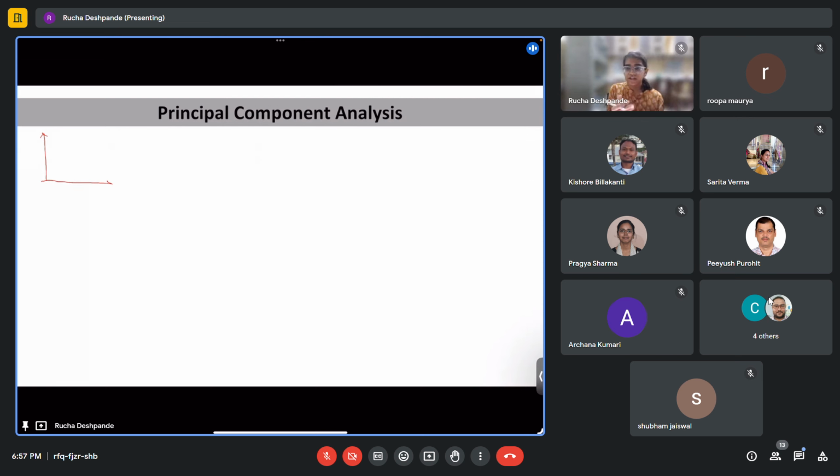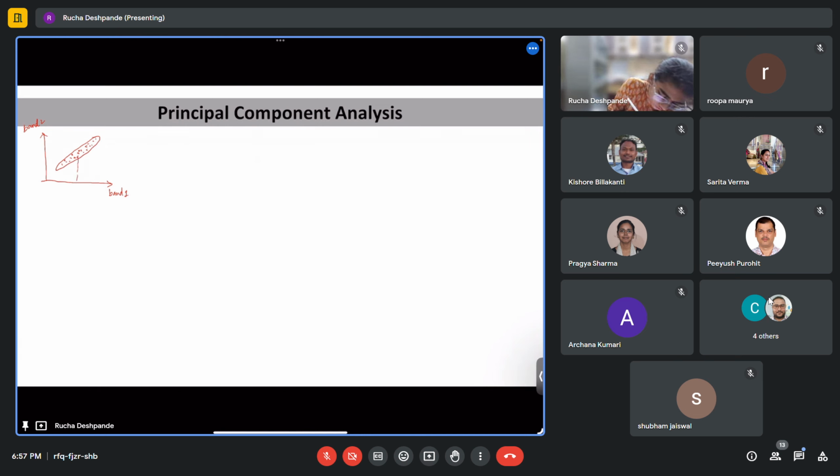So we'll try to visualize how we are going to do this transformation. So suppose this is my band 1, this is band 2, and we are plotting the DN values. So if band 1 and band 2 are correlated, then their distribution would sort of look like this.